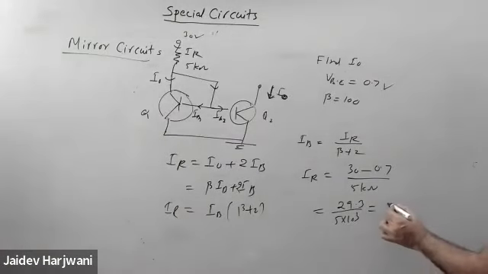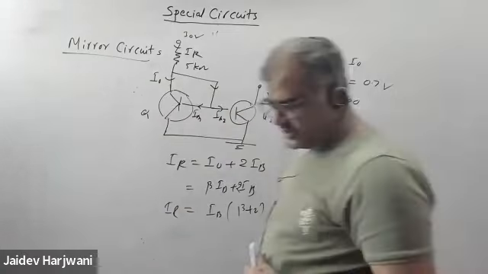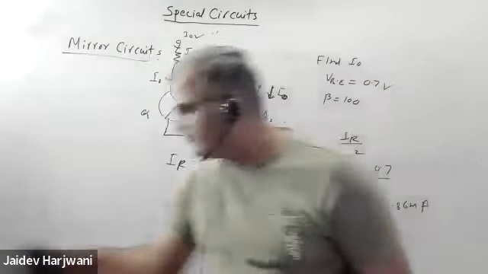This should come 5.86 milliampere. Coming, check it. IR. Yes, sir. Okay. So in the question they are asking what is the value of I naught.